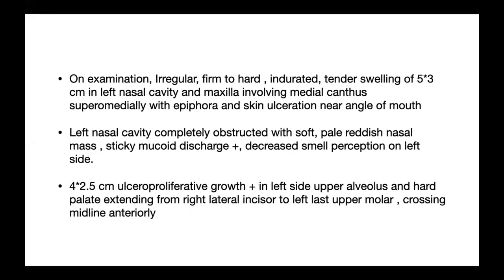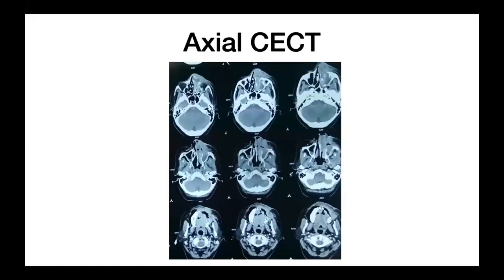On examination, there was an irregular, firm, hard, indurated, tender swelling in the left side of the cheek, involving the left nasal cavity and maxilla, involving the medial canthus superomedially, with skin ulceration near the left nasal ala. The left nasal cavity was completely obstructed with a pale reddish mass with sticky mucoid discharge, decreased smell perception, and a 4 into 2.5 centimeter ulceroproliferative growth was present in the left upper alveolus.